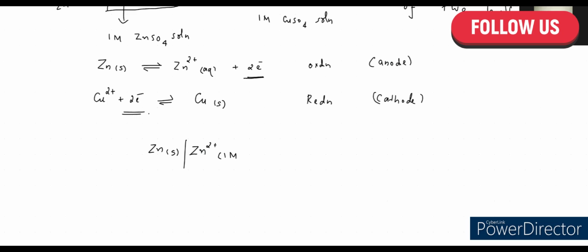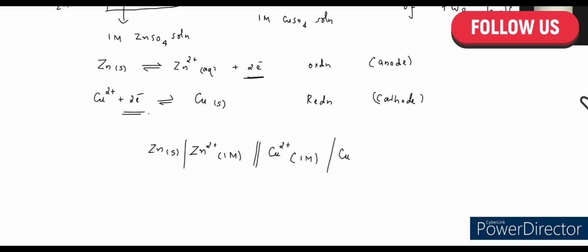Salt bridge is represented by two lines like this, after which the cathode ion has to be written, not the material. Cathode ion, Cu2 plus, concentration was 1 molar. Then the material of cathode and its physical state.